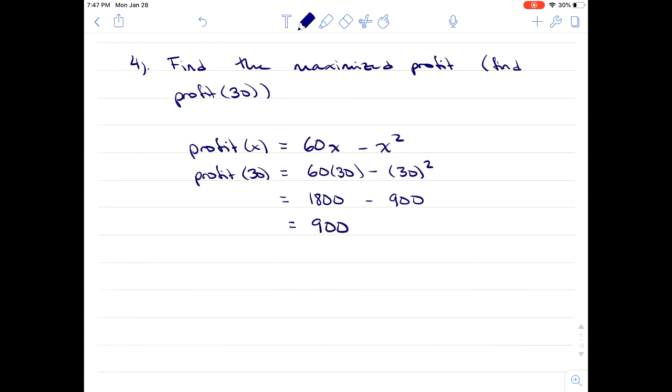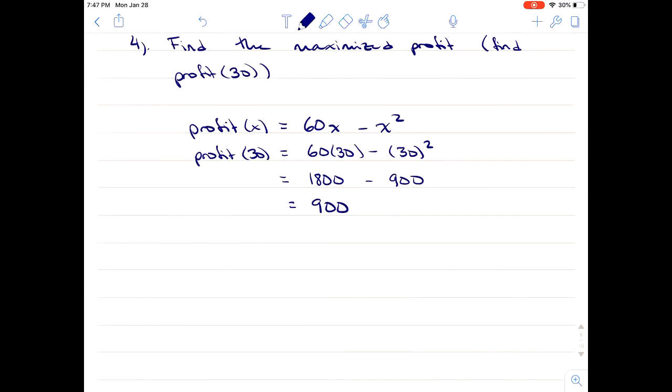That's why I had to double check, but it is. So the maximized profit is 900 of whatever you're talking about, right? Maybe it's 900,000 million, who knows?